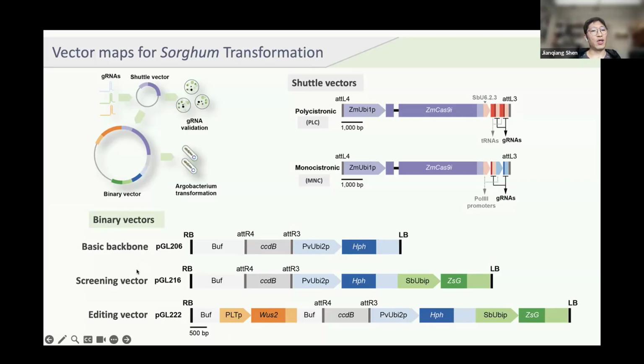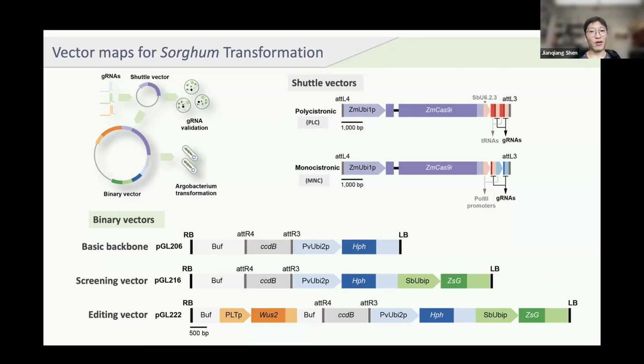And we also use this screening vector, which is used for screening the morphogenic genes in sorghum and maize. Ultimately we developed an editing construct, and previous reports said the morphogenic gene integration might increase the transformation frequency as well, so we took advantage of that. We used the morphogenic gene expression cassette, and then we added a ZsGreen expression cassette as a visual marker, which is also used for tracking T-DNA.